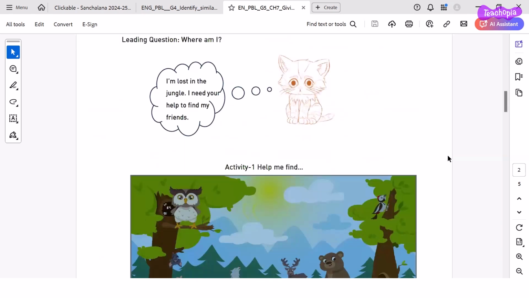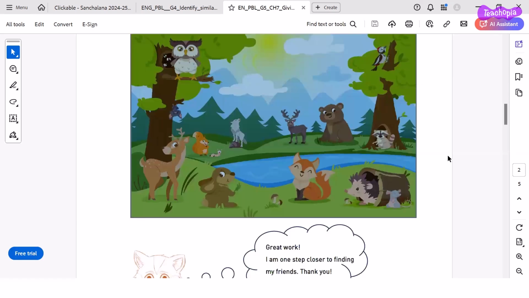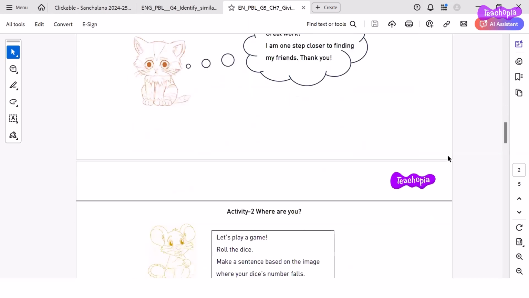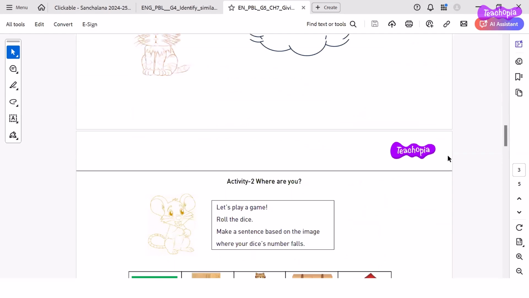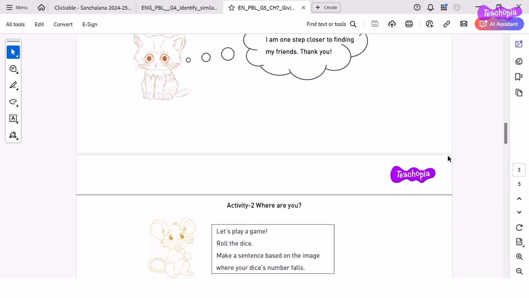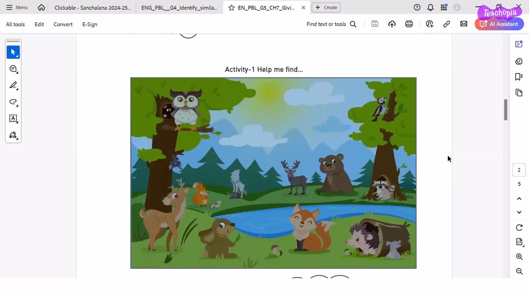After the rubrics, the first activity that we have is interactive. It shows the student a picture. The student is expected to find a few objects which are given below, and they need to identify a few objects in this picture.